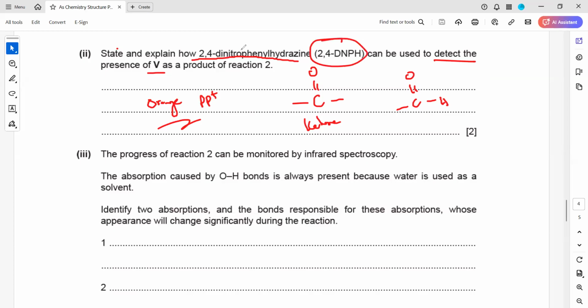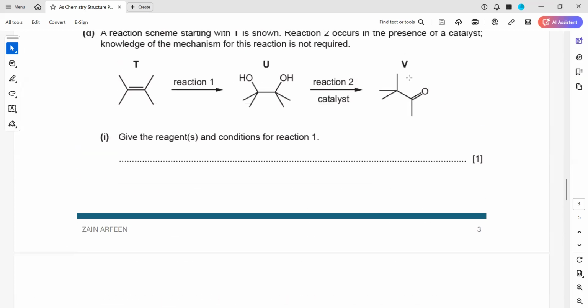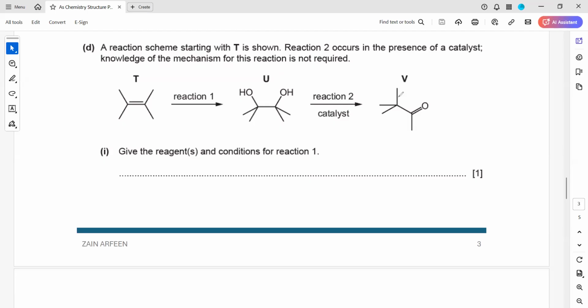They ask how 2,4-dinitrophenylhydrazine can be used to detect the presence of V as a product of reaction 2. V contains a carbonyl group. So how do we test a carbonyl group? We use 2,4-dinitrophenylhydrazine.